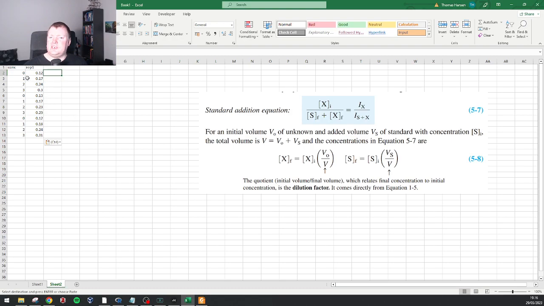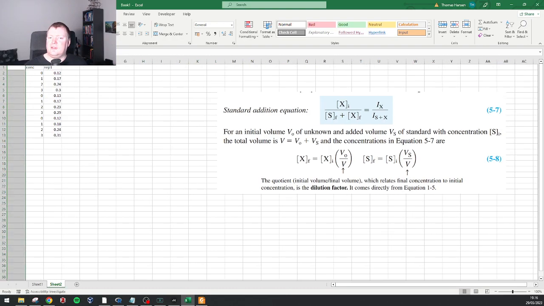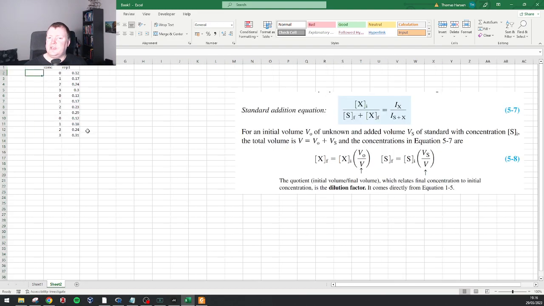So let's just add a couple of things here so we can follow along. Let's say that we have the V0. So that is the amount of unknown, the amount of acid from the cereal. And we have our Vs. Now, hopefully you kept the Vs constant for the different ones. So it would be 0, 0.25, 0.5, 0.75.